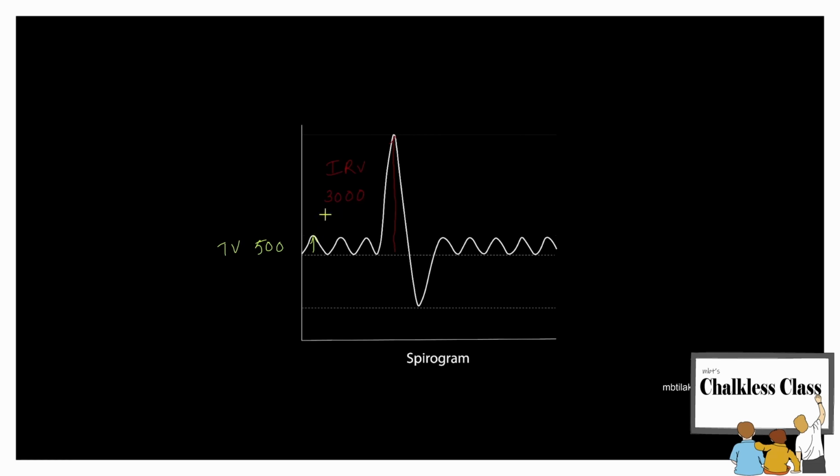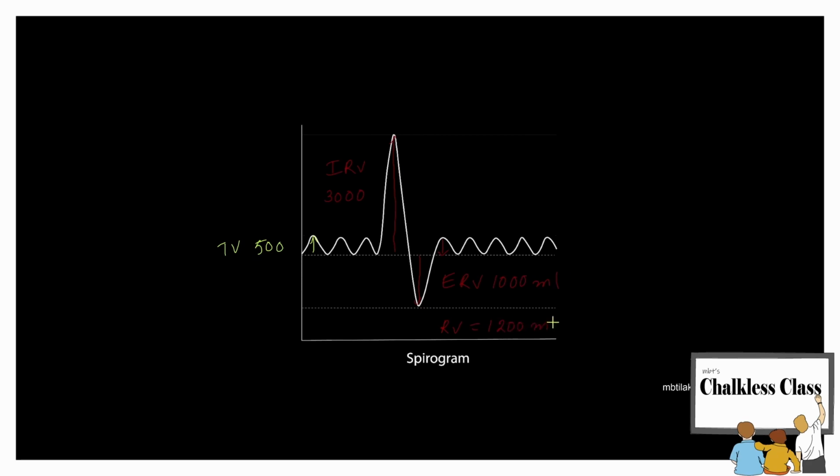It may range from 2500 to 3000 milliliters. After normal expiration, the volume of air which is forcefully exhaled out is called expiratory reserve volume. This is about 1000 ml. This part is the residual volume.